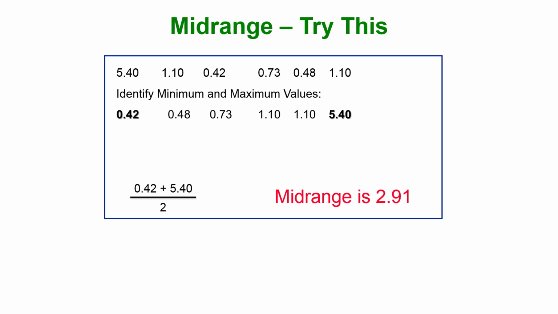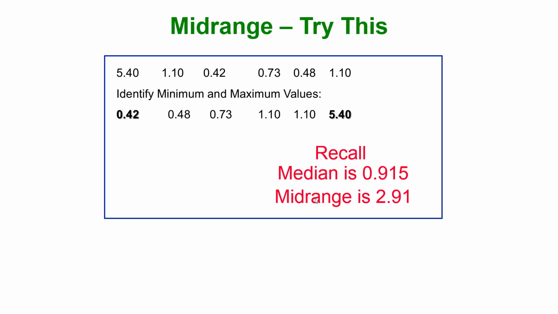Notice that if you were to put the mid-range among the list of data values, it'd be way over here, right? That happens because that 5.4 is so much greater than the other values. So this is one reason why the mid-range is not used a lot.